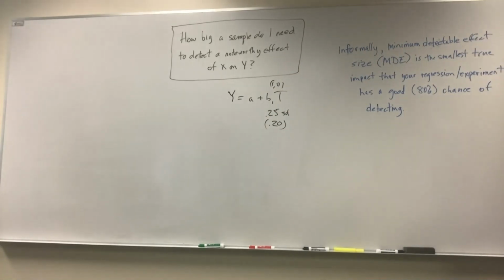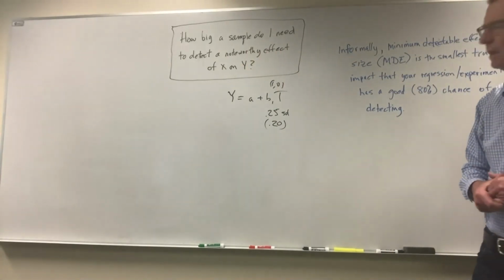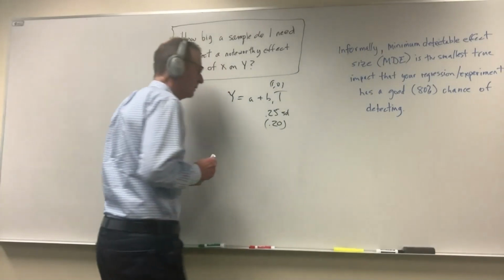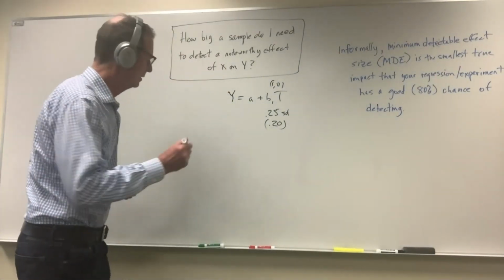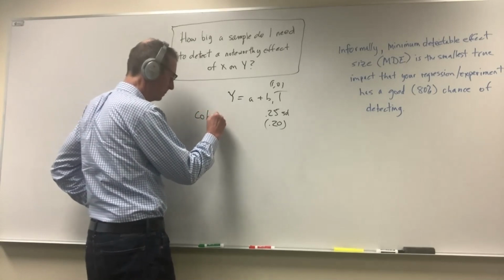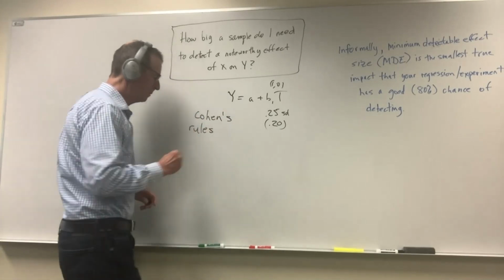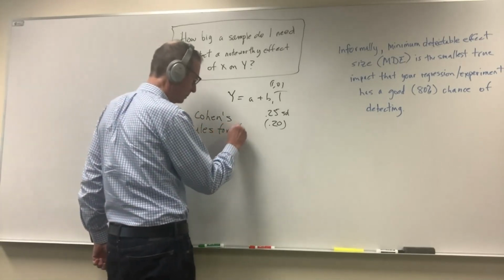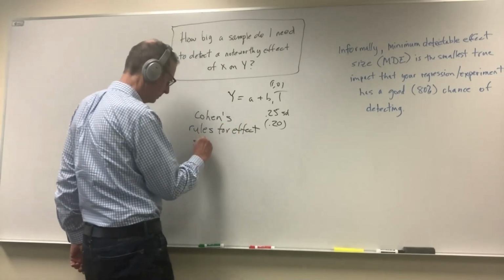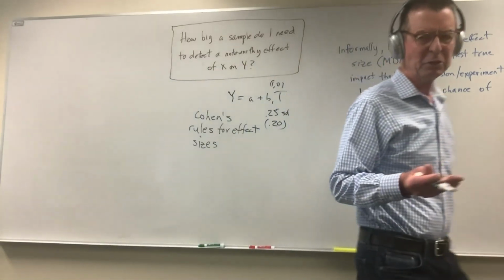All right, so let me talk more broadly about what a noteworthy effect is. In psychology, there are what are often termed Cohen's rules for effect sizes. And these can be intervention effect sizes.